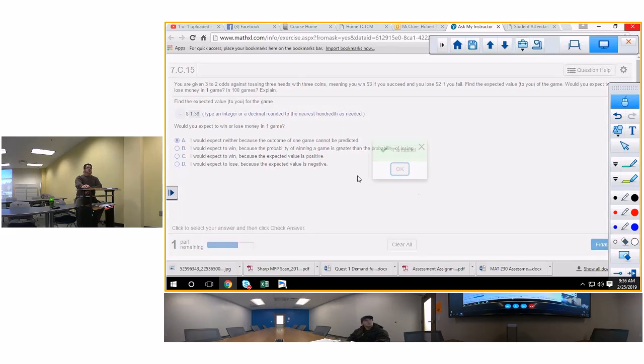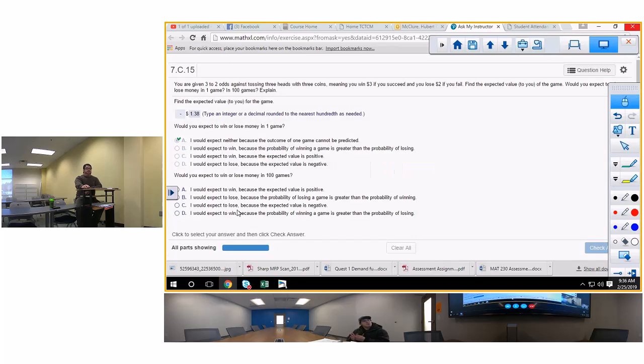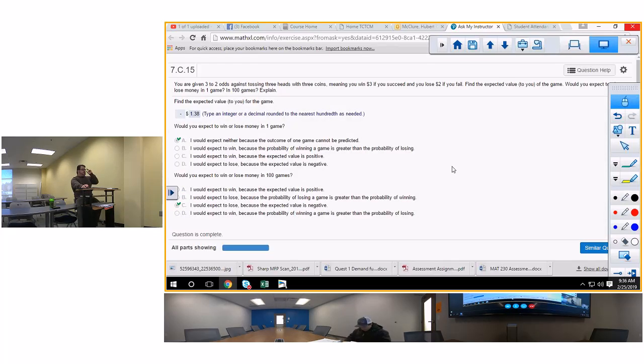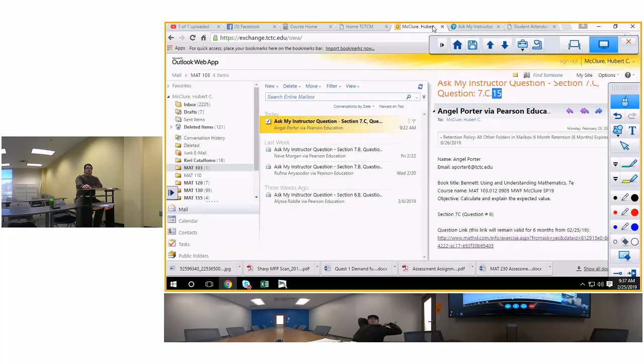Now, 100 games, you would expect to lose because the value is negative. Is it a tricky question? Yes. That's why I don't put it on a test. It's a good homework question, but I wouldn't put it on a test unless it's put there. Sometimes they algorithmically generate. All right?